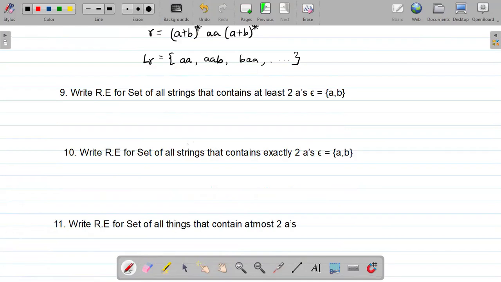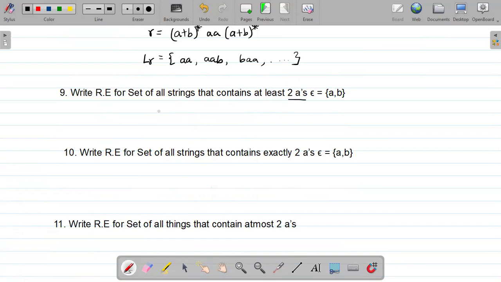Now the next one is a regular expression for the set of all strings that contain at least two A's. The difference between the previous one and this one is that AA is together in the previous one. Here the two A's are different or they can be together.